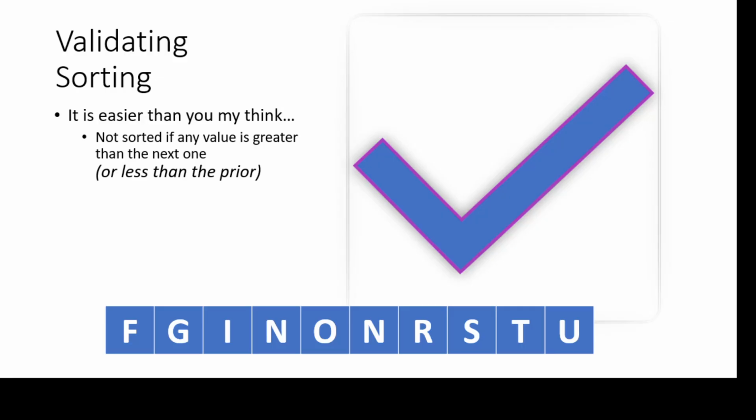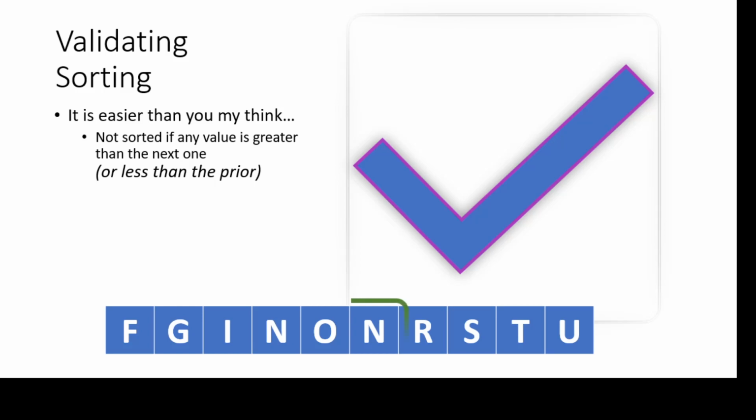In all of these sorting algorithms, testing is super easy, because the test is as simple as saying: as long as each item is greater than the one before it, or less than the one prior to it, whichever way you're looping through, then your list is sorted.